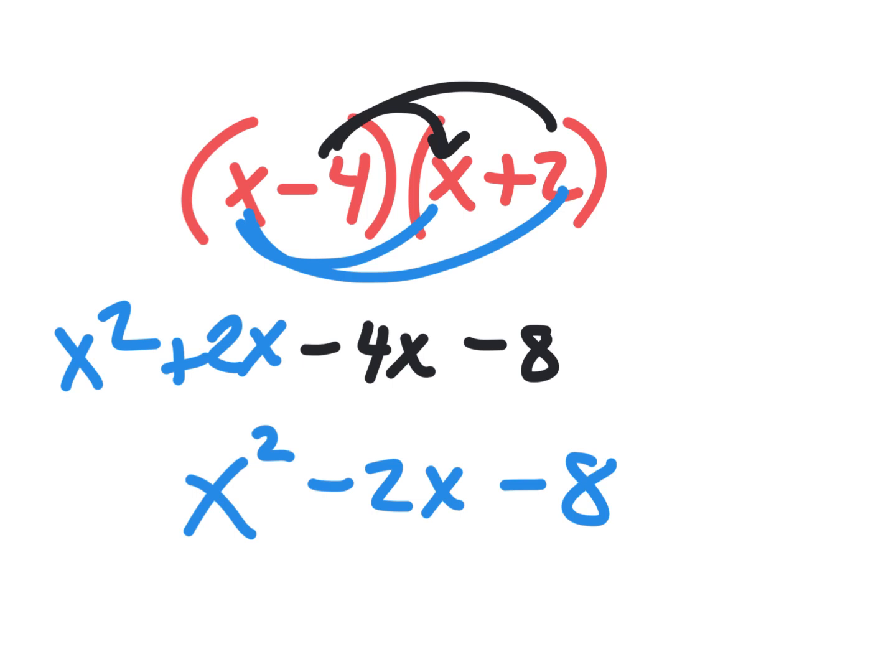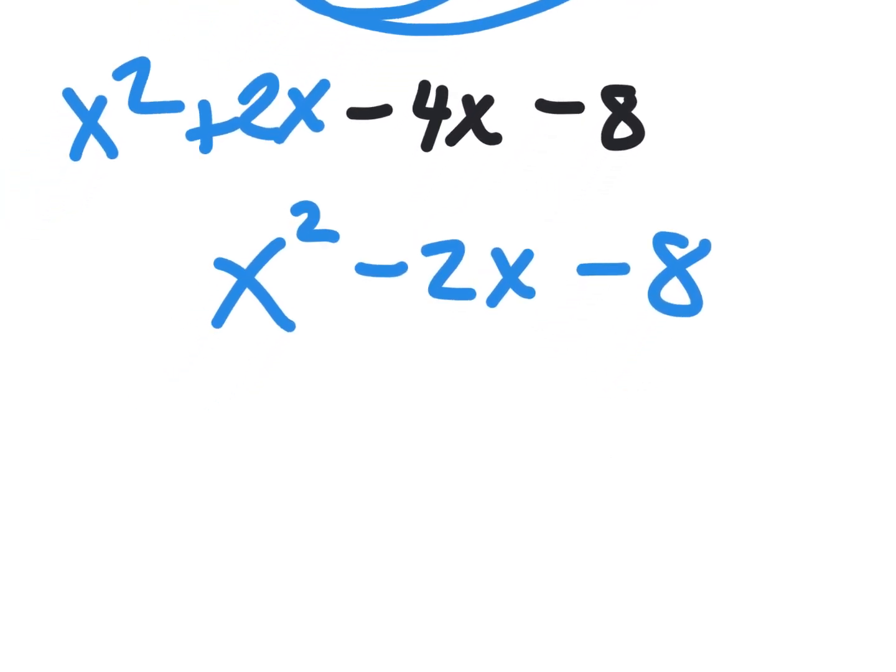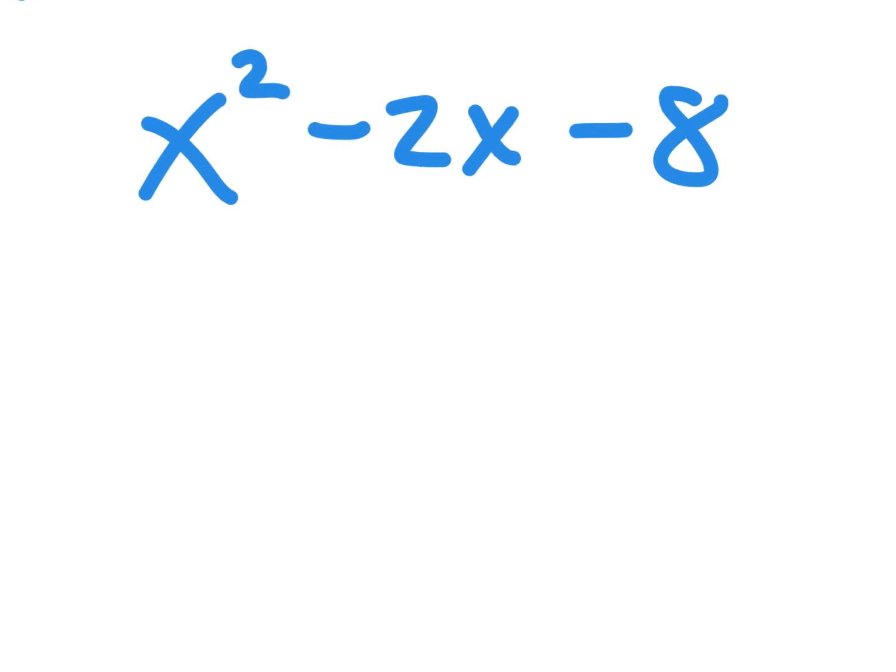Now, what's a, b, and c? Talked about these yesterday. I'd like you to write a equals, b equals, c equals. And one of the biggest mistakes people make is they say, a is 1x.